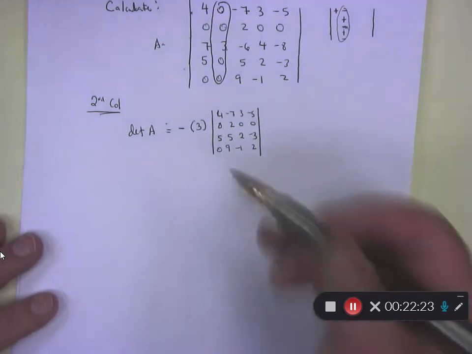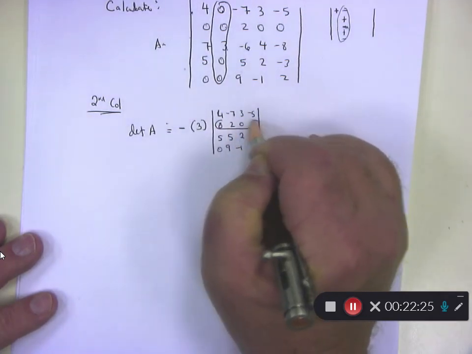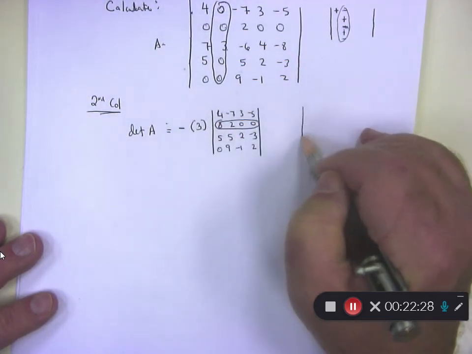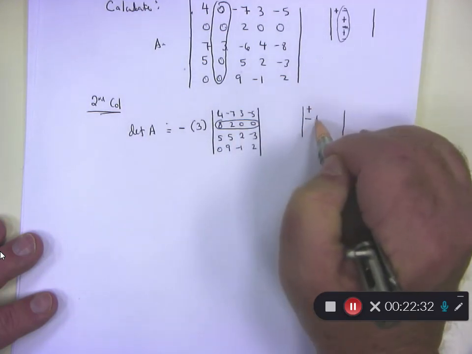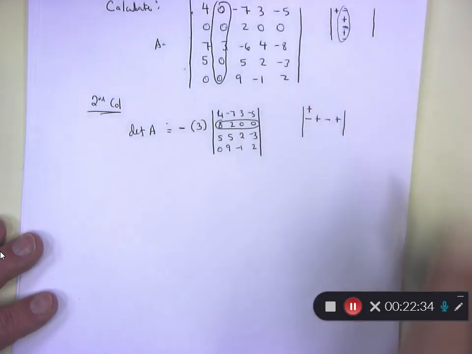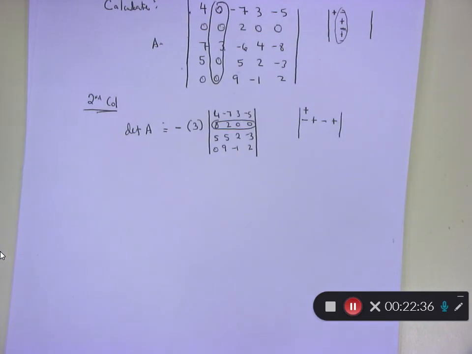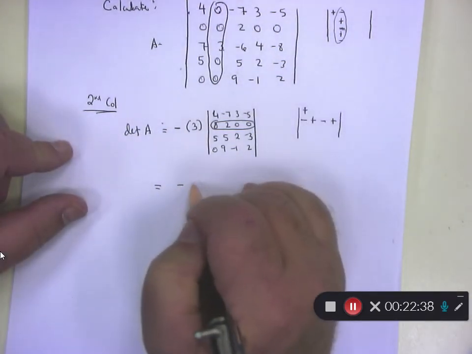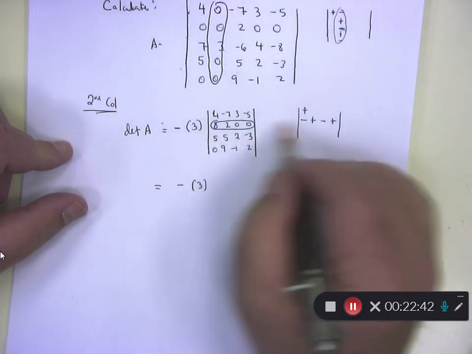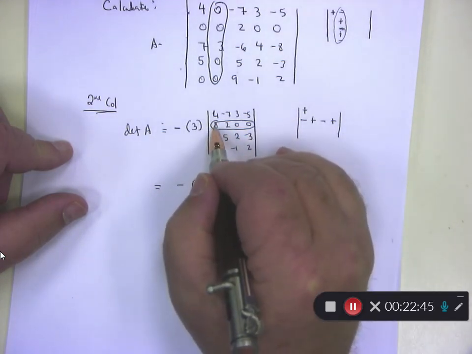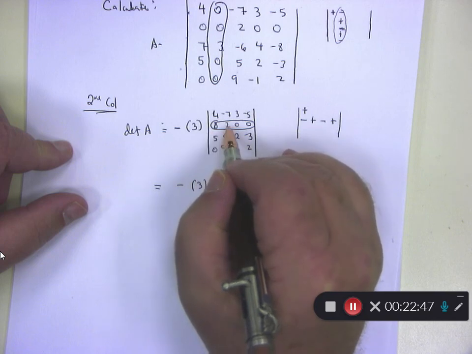I would do, okay, now I'm going to go for that second row. But again, I got to do my sign chart. This is going to be plus, so your next row will be a minus, plus, minus, plus. Does that make sense? So this is going to be a negative, a 3 times, and I'm going to pick 0, this is negative, this will be a plus.